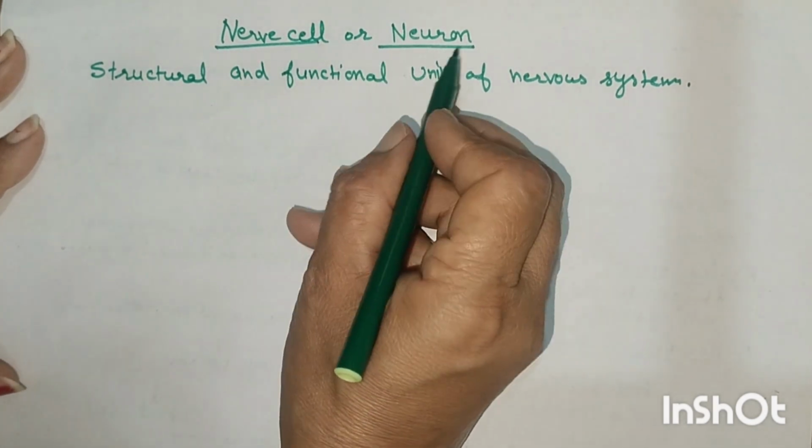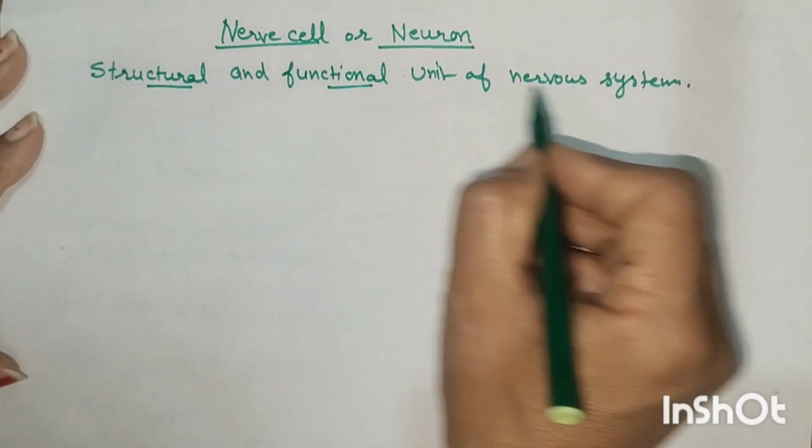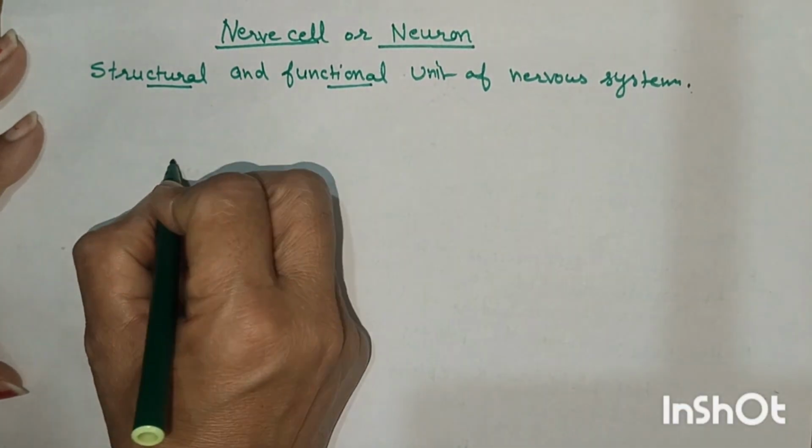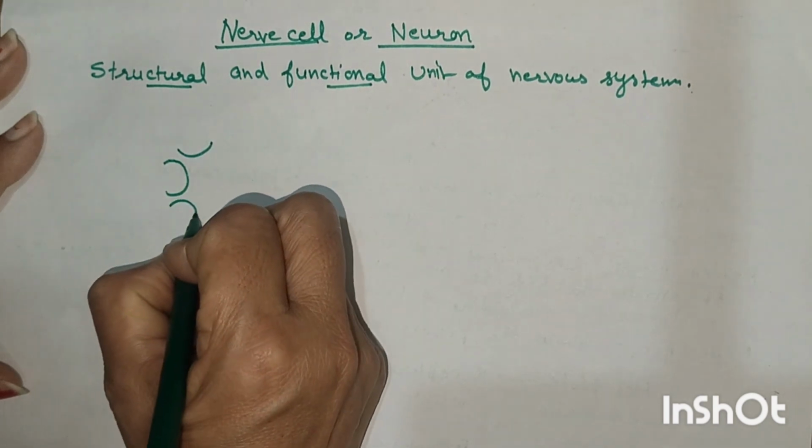Nerve cell is also called neuron and this neuron is the structural and functional unit of the nervous system. It starts from some hair-like structures.